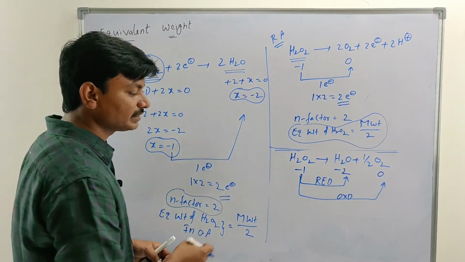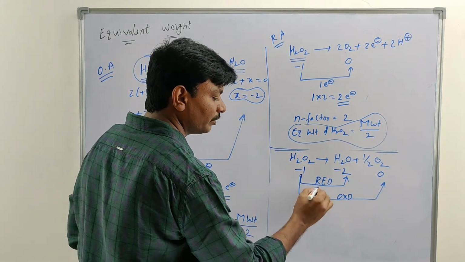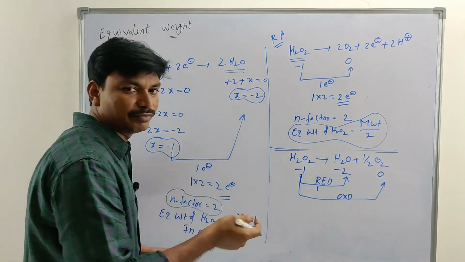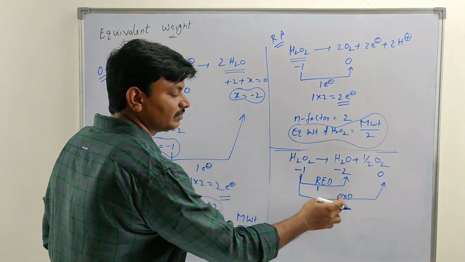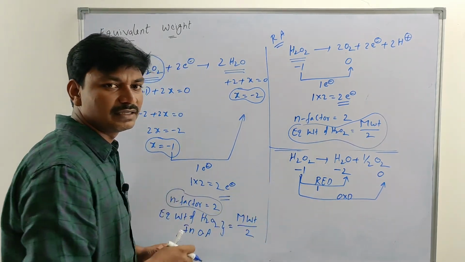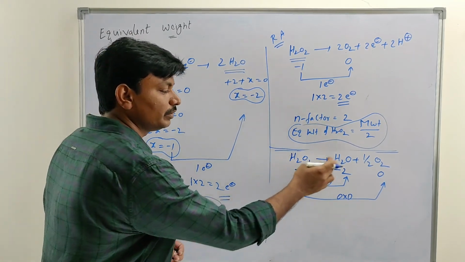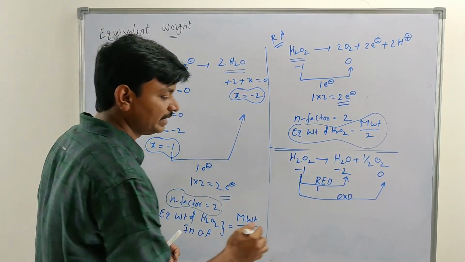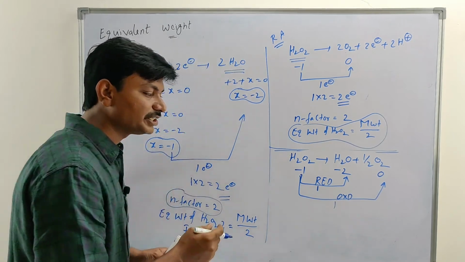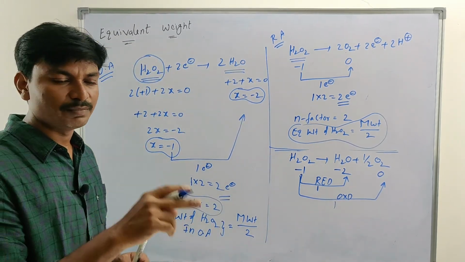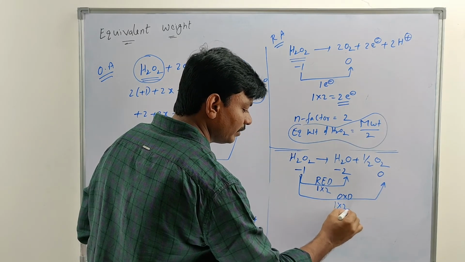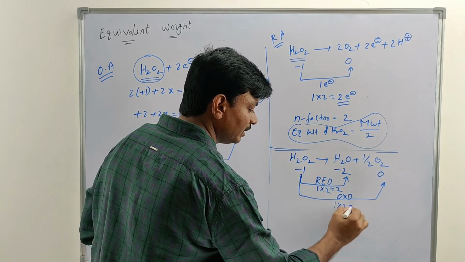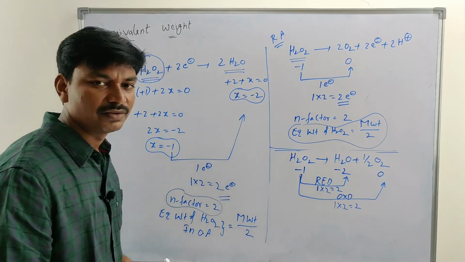Clear? Here it is -1 to -2. Only one electron will be involved for this conversion. Similarly, in the oxidation conversion, only one electron is involved in H2O2 to half O2 conversion. Here it is also one electron. But in H2O2, 2 oxygen atoms are present, that is 1 into 2. Here it is also 1 into 2. Totally 2 electrons here, and 2 electrons there. Clear?